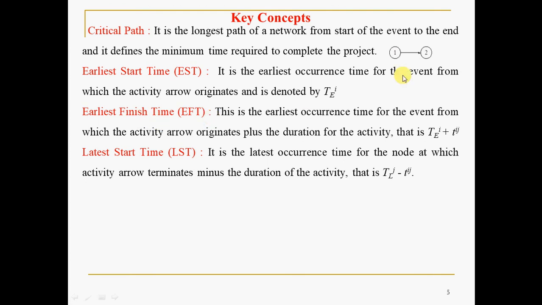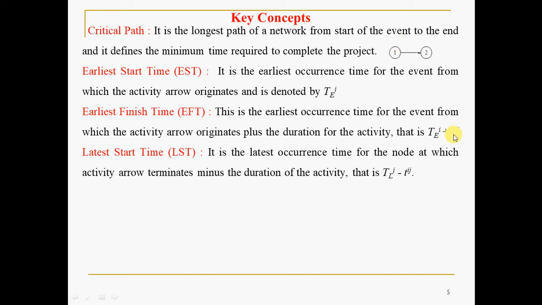Earliest finish time: for example, if you take 1 to 2, it takes 10 minutes or 10 hours, let us say. The earliest finish time is TE_i plus T_ij. Please note that i to j is an activity. TE_i will always be 0 for the first node, not activity, plus T_ij.